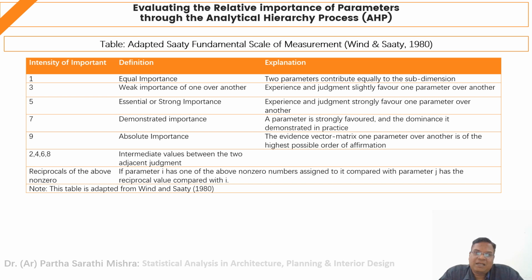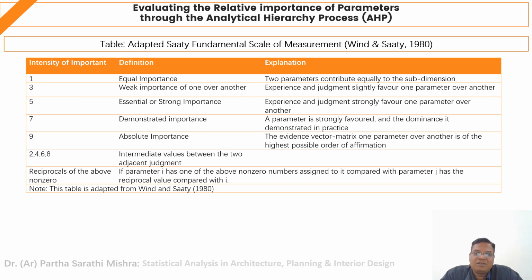Now the adapted Saaty fundamental scale of measurement, which was given by Saaty in the 1980s. This is the table where 1 is considered equal importance, 3 is weak importance of one over the other variable, 5 is essential or strong importance, 7 is demonstrated importance, strongly favored, and 9 is absolute importance.